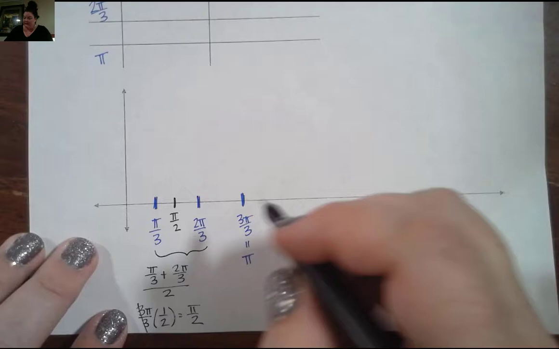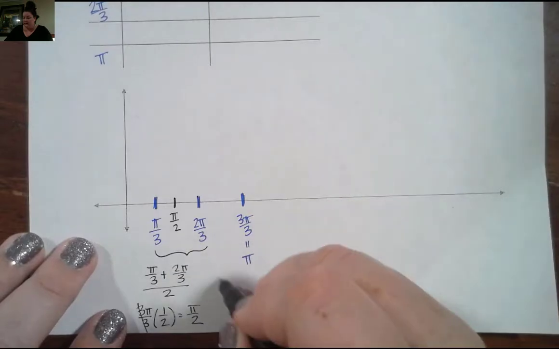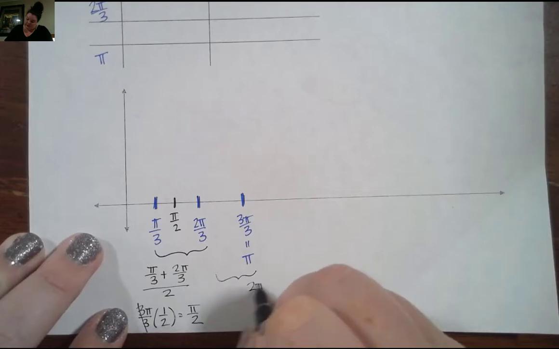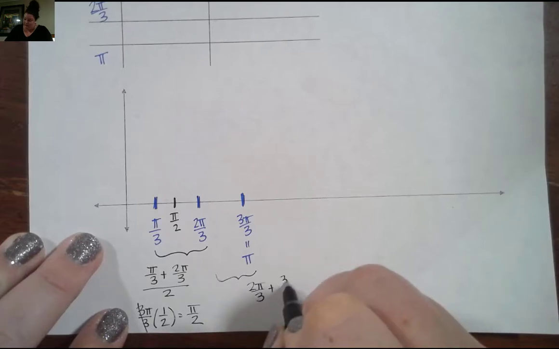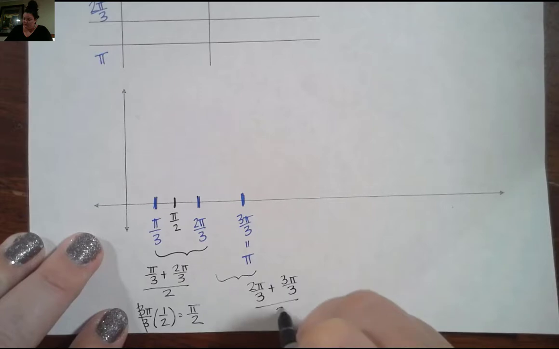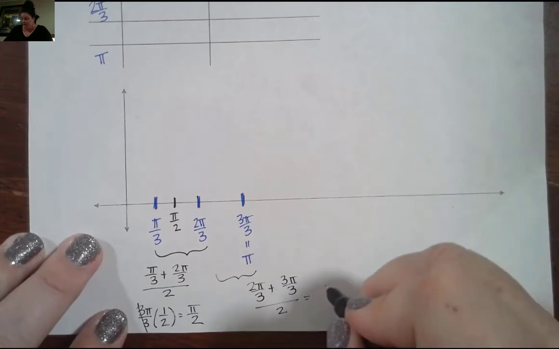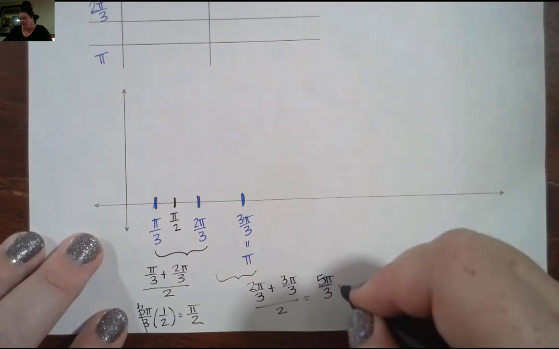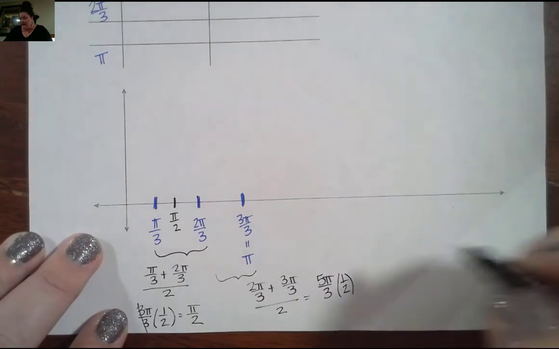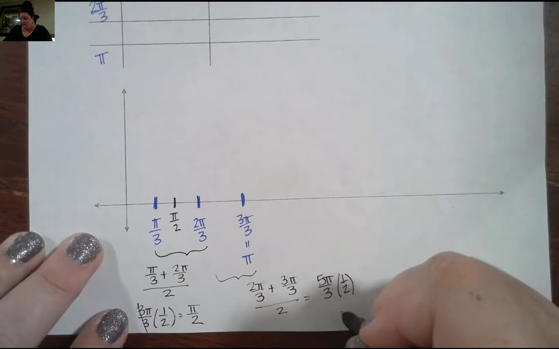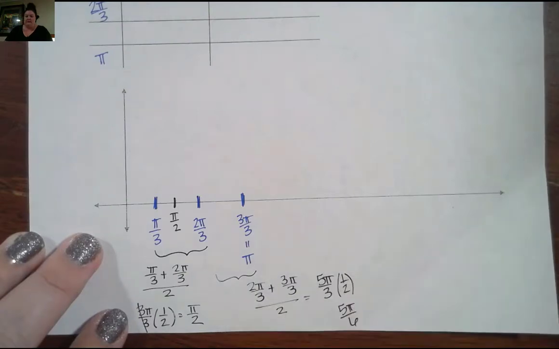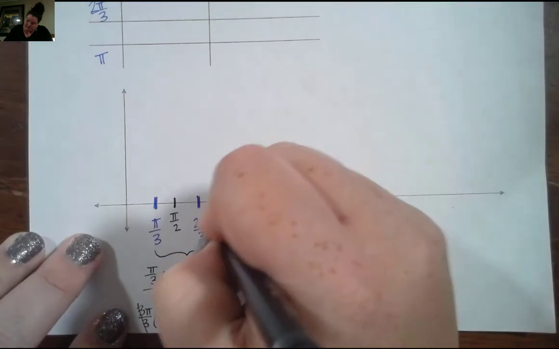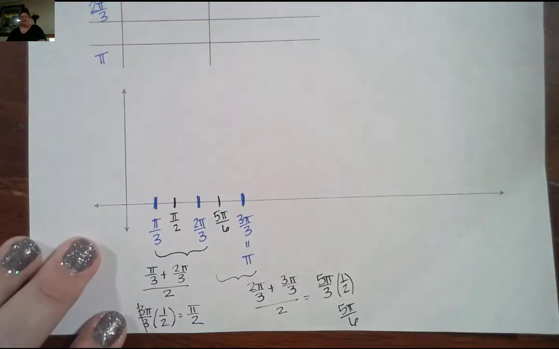And then I need to find the midpoint between these two, right? So we're going to do 2 pi over 3 plus 3 pi over 3 and divide it by 2. So that's going to give us 5 pi over 3. And then to divide by 2 is the same as multiply by 1/2. So that gives us 5 pi over 6. So I know that this point right here is 5 pi over 6.